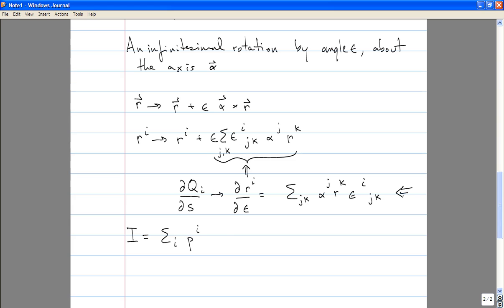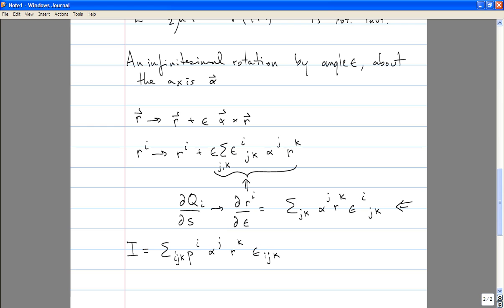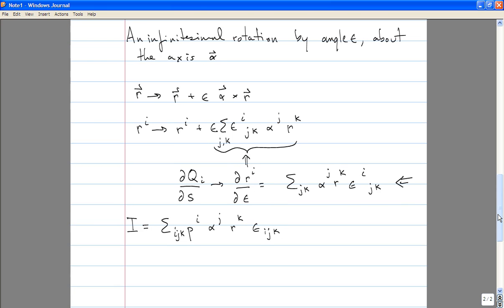So I get a sum over i, j, and k of pi alpha j rk epsilon ijk. So for a rotation about the axis alpha, the conserved quantity is alpha j pi rk contracted with epsilon ijk, summed over i, j, and k running from 1 up to 3.